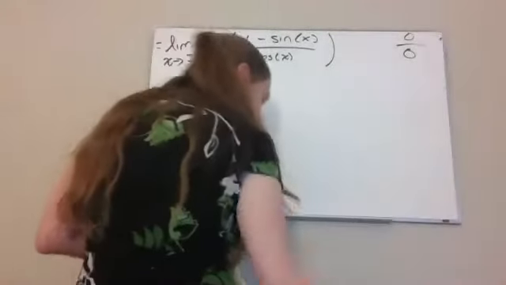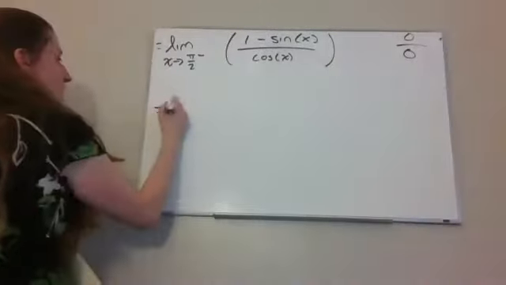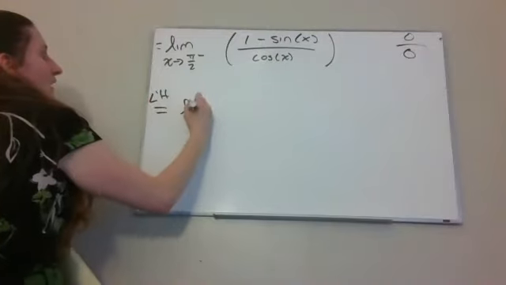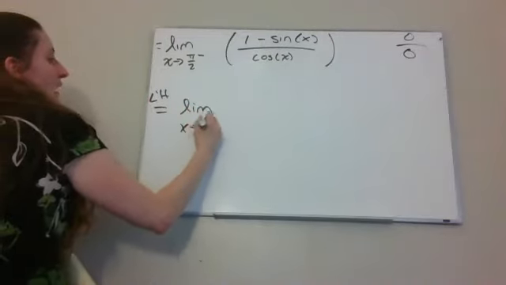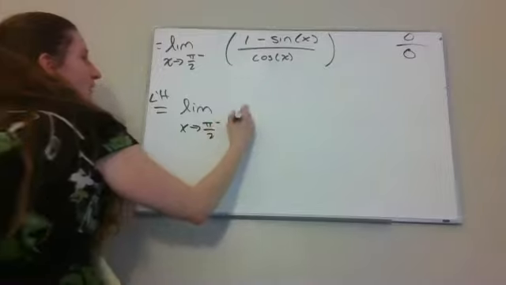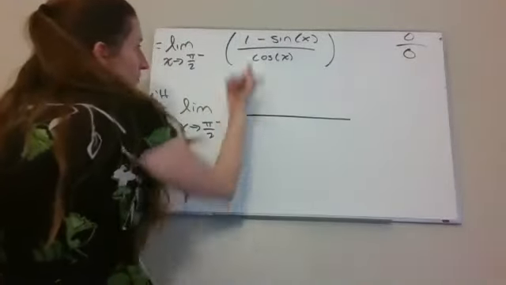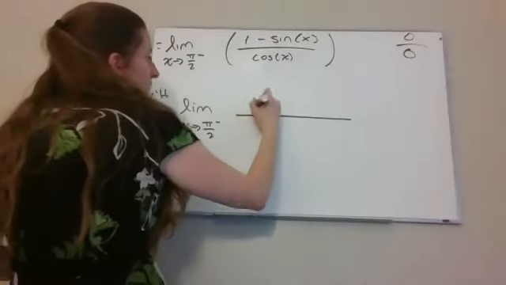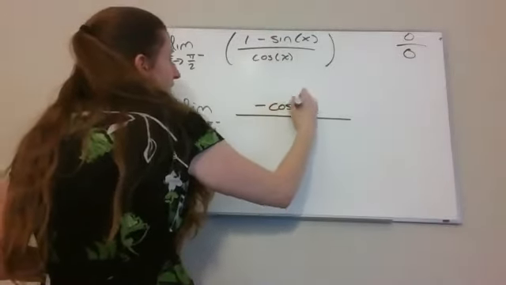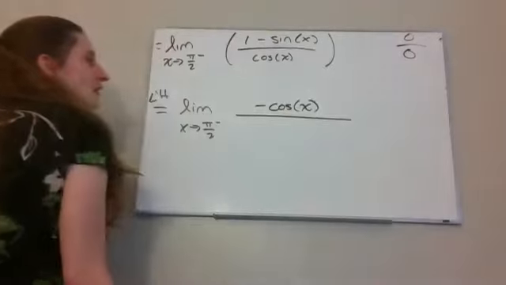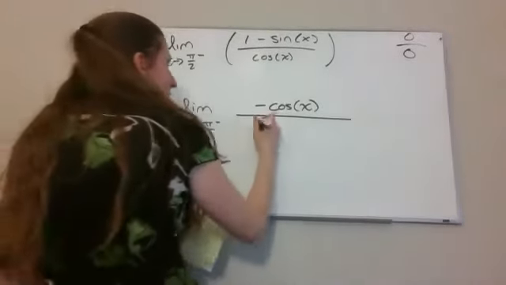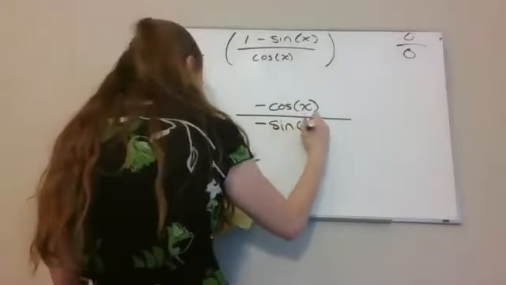Using L'Hopital's rule on this, I have to do the derivative of the top and the derivative of the bottom. For the derivative of the top, derivative of 1 is 0. Derivative of a minus sine is a minus cosine. And the derivative of cosine is negative sine.